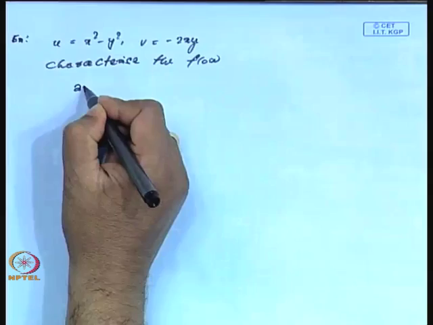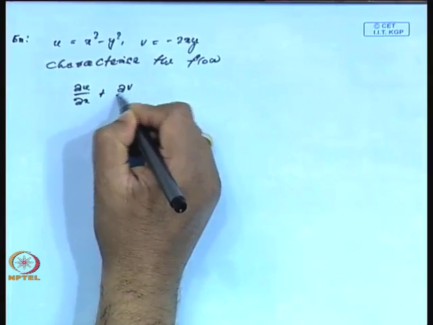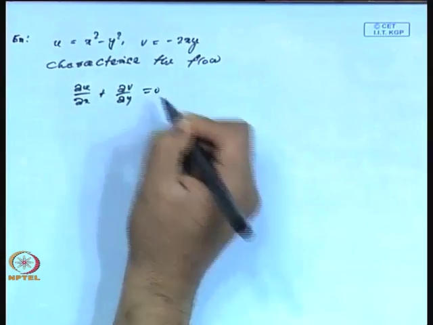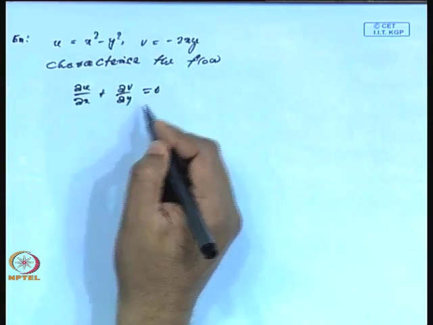So, to characterize the flow here, first of all we have to say whether there is a fluid motion. For that we need to know del u by del x plus del v by del y. First thing is to check that the problem is two dimensional in nature. So, the flow is two dimensional.